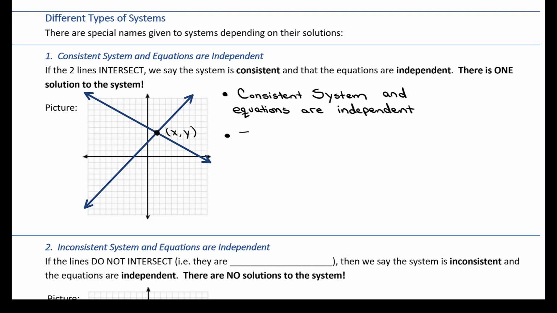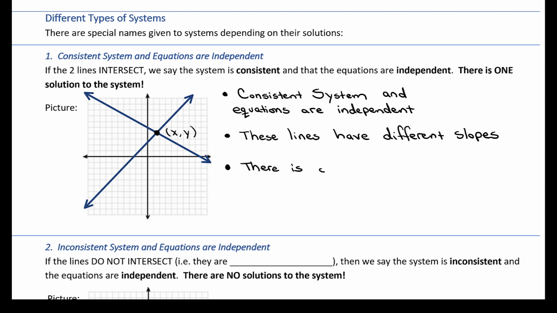When you have this type of system, you're going to notice that these lines have different slopes. And that's always going to be the case in this example, because otherwise there's no way for them to intersect and have that one solution, right?